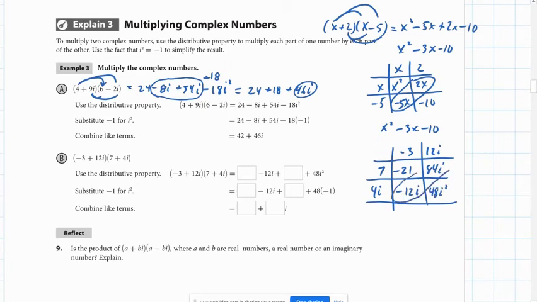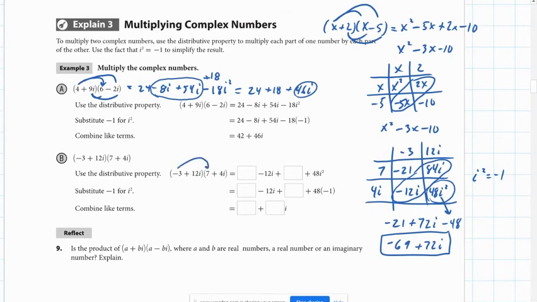So when we combine these together, we have negative 21 plus 72i. 48i squared is 48 times negative 1, so that becomes minus 48, because remember, i squared equals negative 1. And so then that gives us negative 69 plus 72i as our final answer.